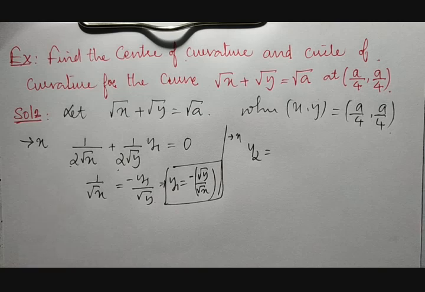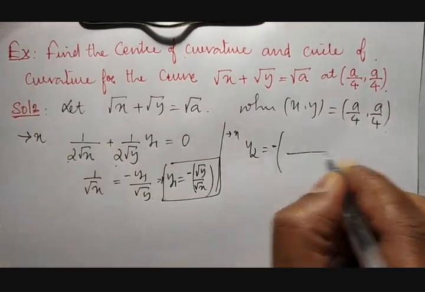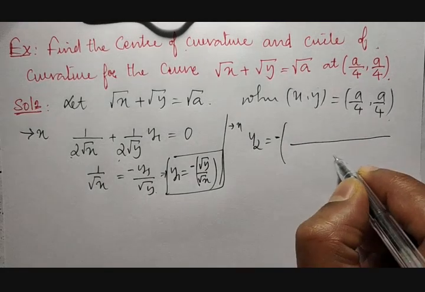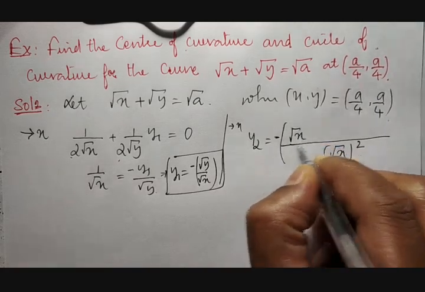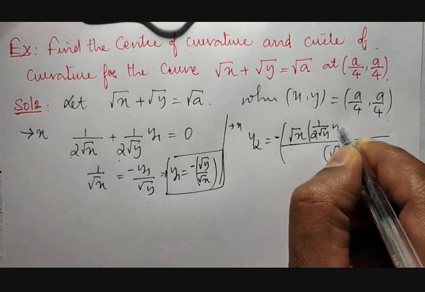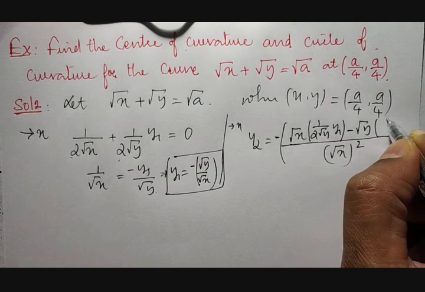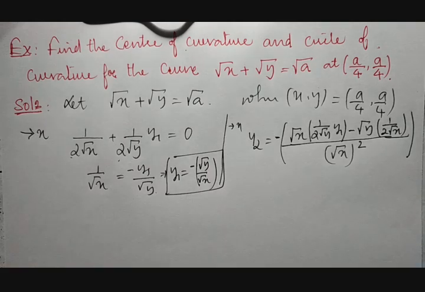What is that then? If we differentiate this by using the division method, where minus is common, then divided by the square of the denominator, that is root x the square, then root x, differentiation of root y is 1 divided by 2 root y into y1, minus root y common, and differentiation of root x is 1 divided by 2 root x.